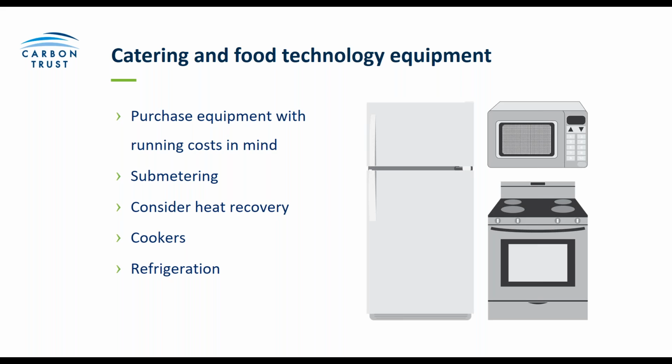With walk-in fridges, for example, make sure doors aren't being left open when they don't need to be and that walk-in refrigeration is being defrosted regularly. Also, if there is the opportunity within the school holidays for any refrigeration equipment to be emptied and switched off, that can be quite a good opportunity to achieve some savings while the school is empty.